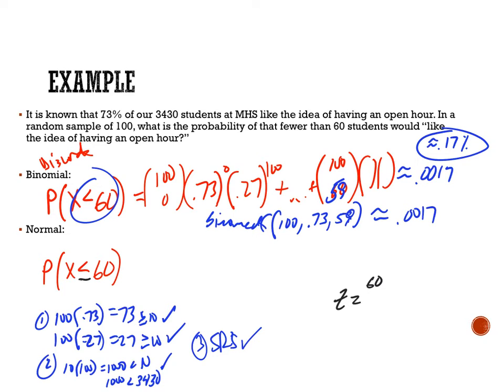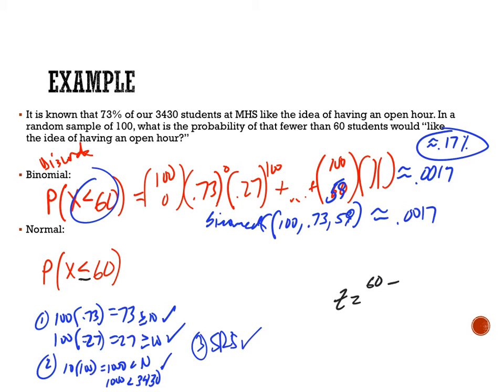Again, discrete was less than 60. This is really, again, in a normal curve, an infinite number of slices. So if we go down to 59, we're missing 59.00001, 59.00002. So we just go up to technically 59.999999999, and so we just say less than or equal to 60.